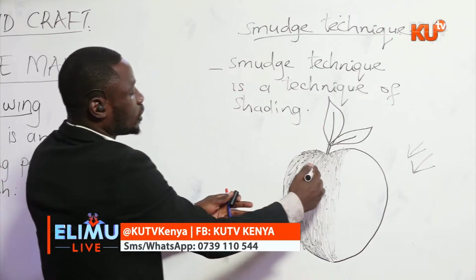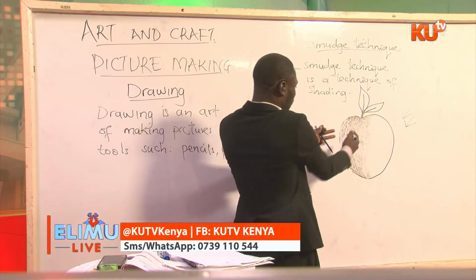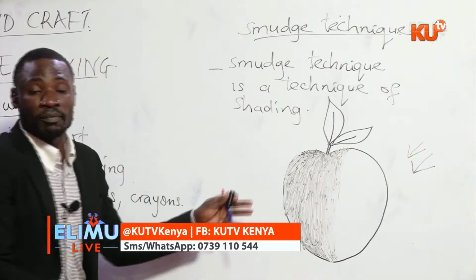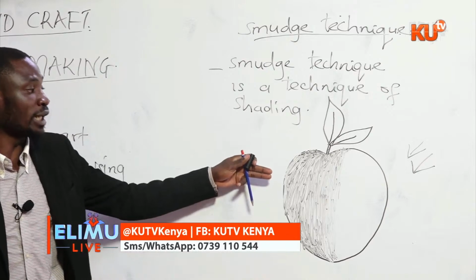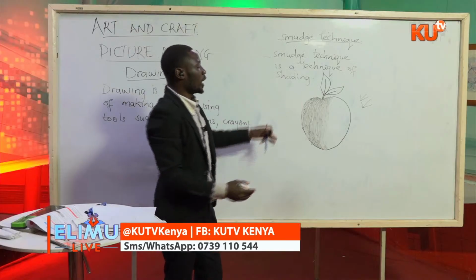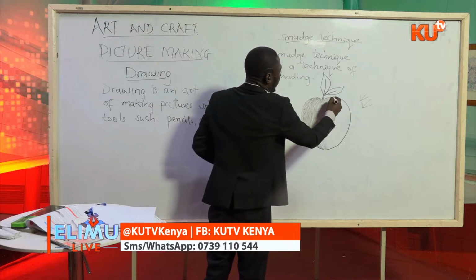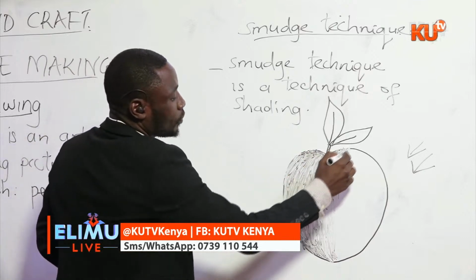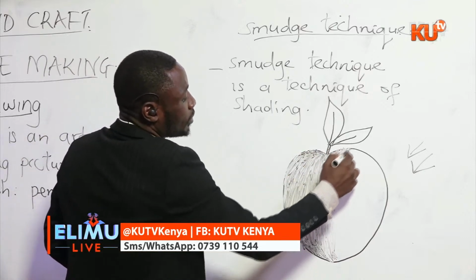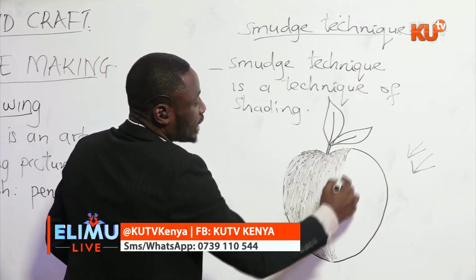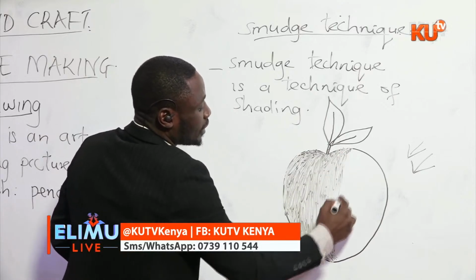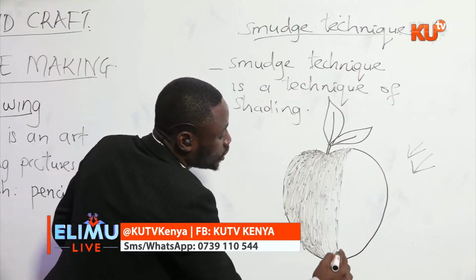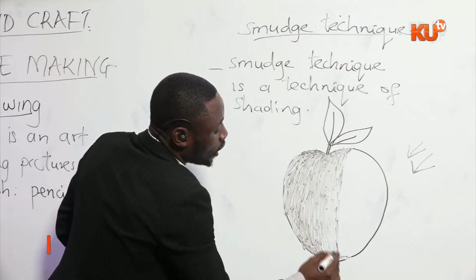This side shows that there is shade on the left side because there is no light, or there is less light, and this side has enough light, and that's why we have shaded this side lightly, or not shaded at all. So as you move towards the lighter side, make sure that your pencil or the tool that you are using to shade is loosely held.